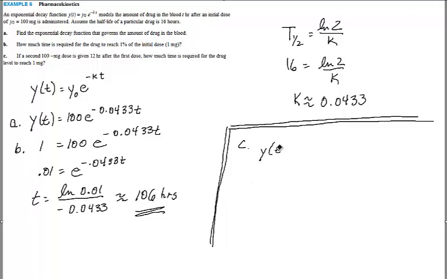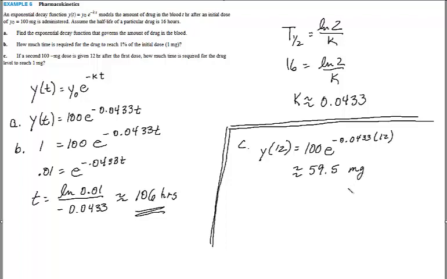So I want to know what y of 12 is, and that's just going to be 100 e to the minus 0.0433 times my 12. If I number crunch that, I am going to end up with 59.5 milligrams left in the system.